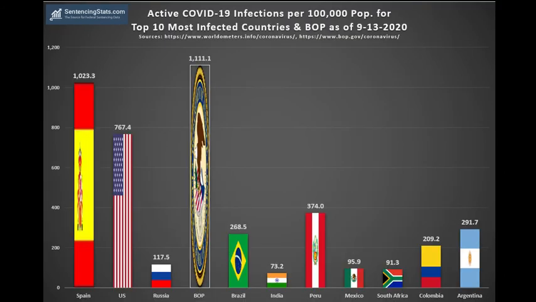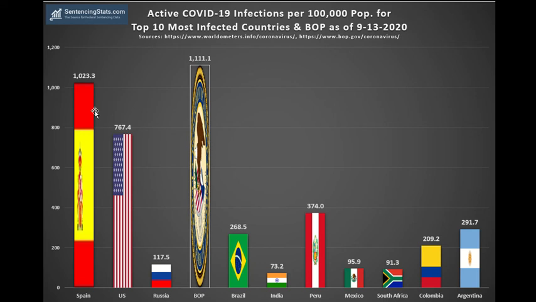What this shows, and this is to impress upon courts the impact of COVID-19 on the Bureau of Prisons right now, is the active infections within the Bureau of Prisons per 100,000 population compared to the 10 most infected countries on earth. By the way, even though Spain looks higher than the United States, this is artificially inflated because Spain no longer reports the number of recovered.